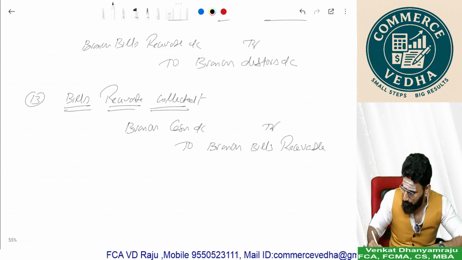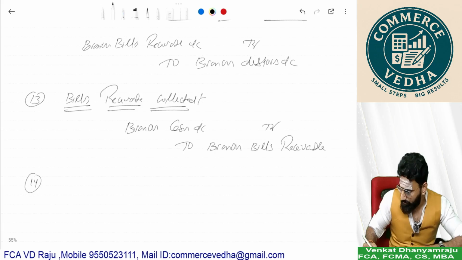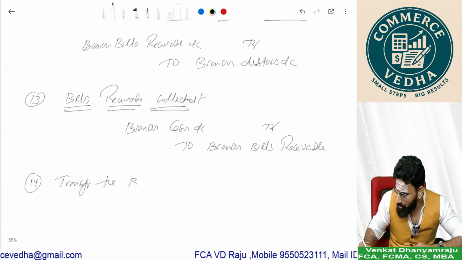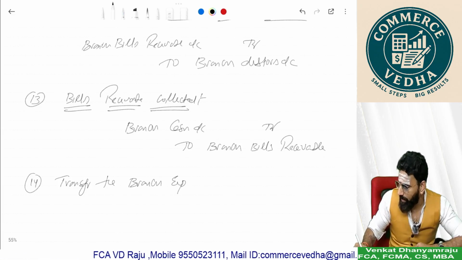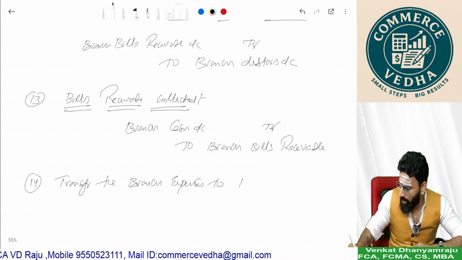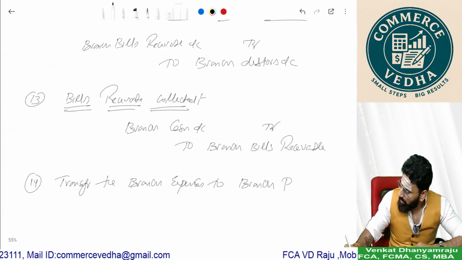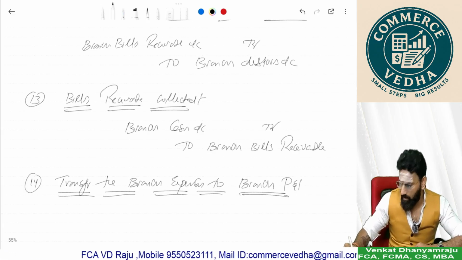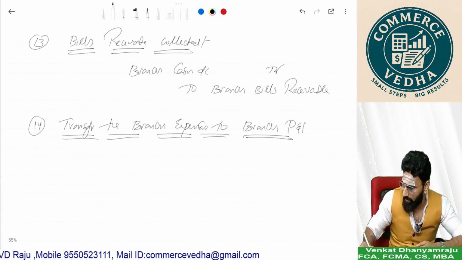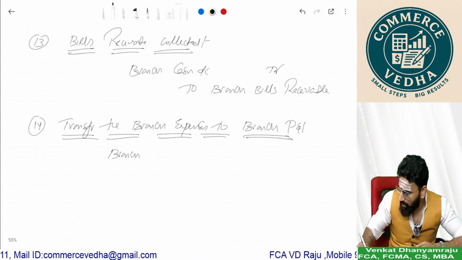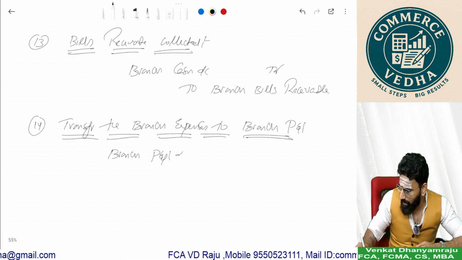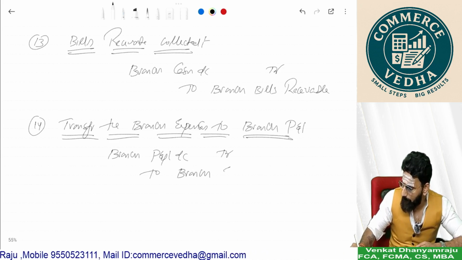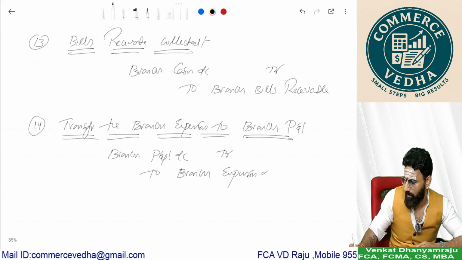Number one, in this next, transfer the branch expenses to branch P&L. So whatever the branch expense, ultimately the expense must be transferred to P&L. The entry will be branch P&L account debit to branch expense.